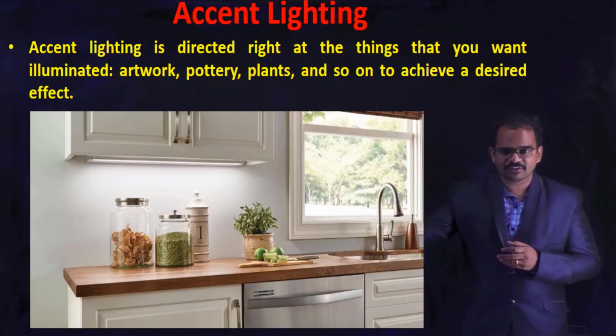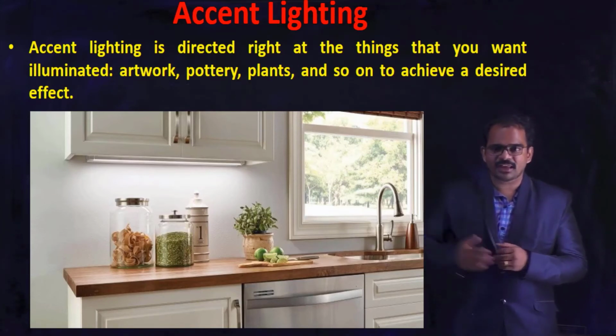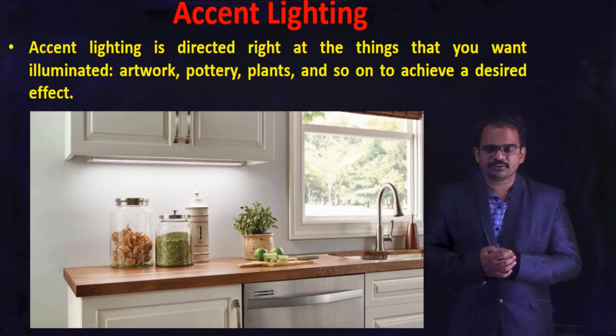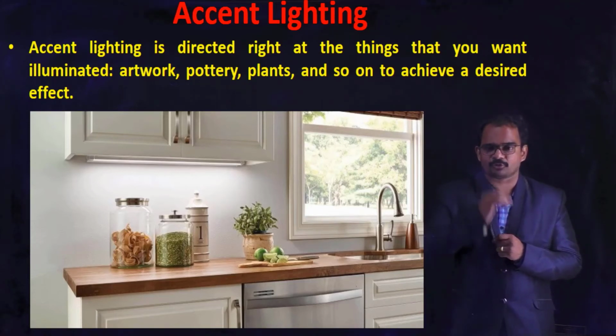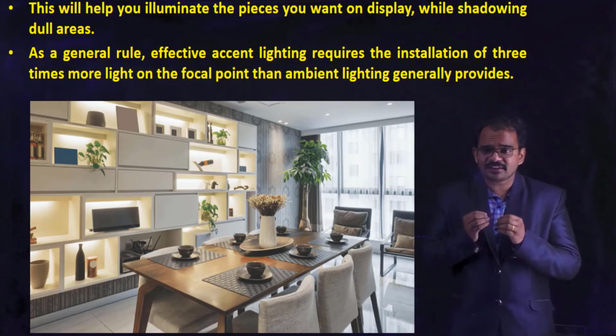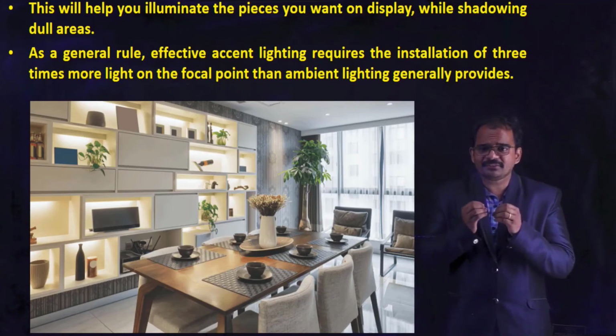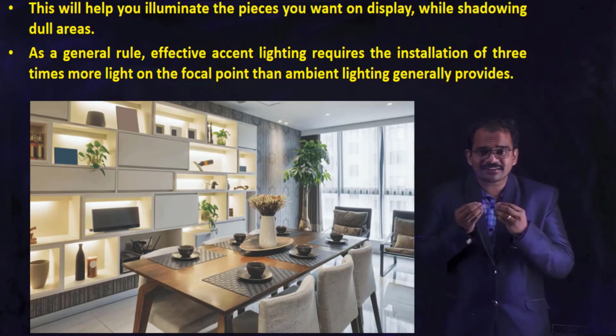You can see in the figure over here, there are some glass bowls or trees which you want to expose, and you need to place a light on top of it so that those particular items will be exposed, and this kind of lighting is called accent lighting. And this accent lighting will help you illuminate the pieces you want on display while shadowing the other areas.